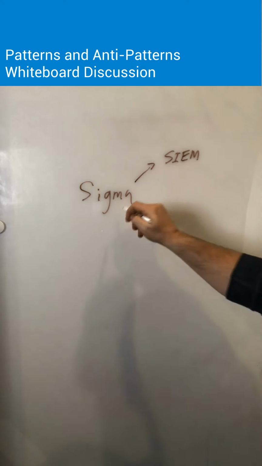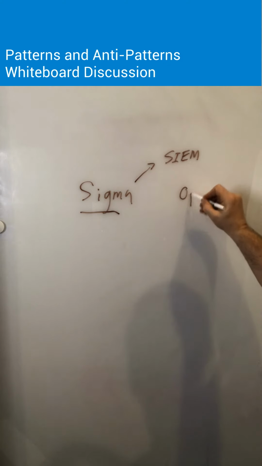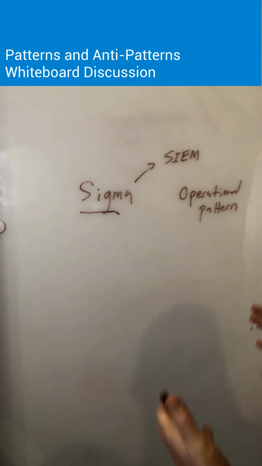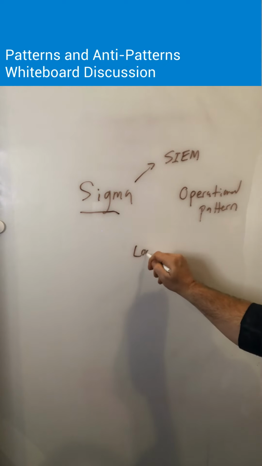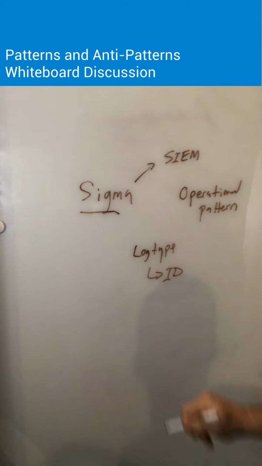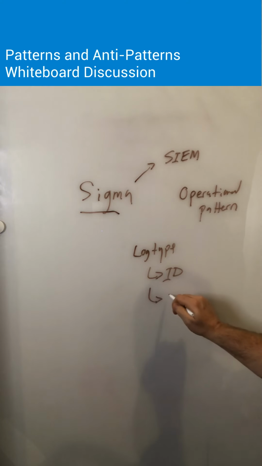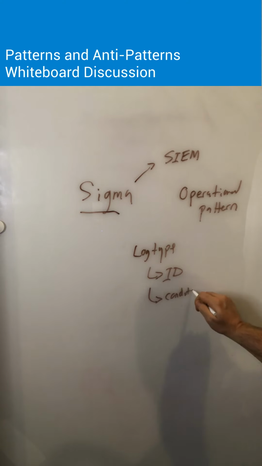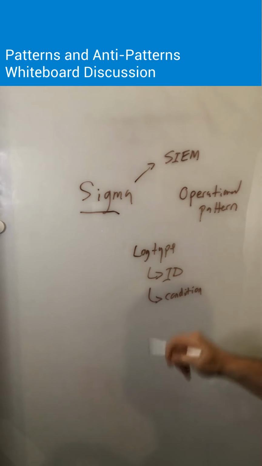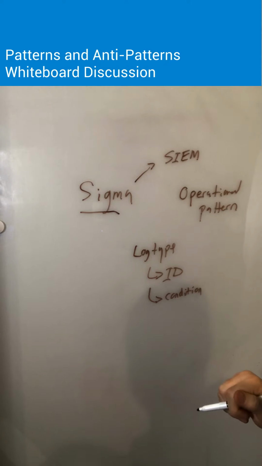I might want to use a Sigma rule to define an operational pattern of detection or discovery, and that is very behavioral based, where you might look at, say, a particular log type and gain from it log IDs that are being generated that are determined to match a series of conditions. And that could be as simple as the log on your machine says, hey, someone accessed a share from this particular device.